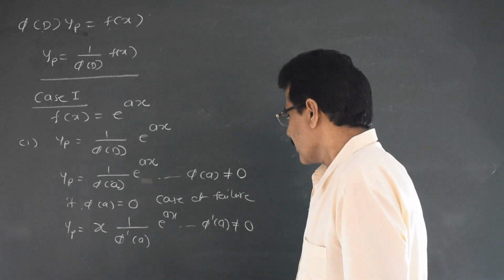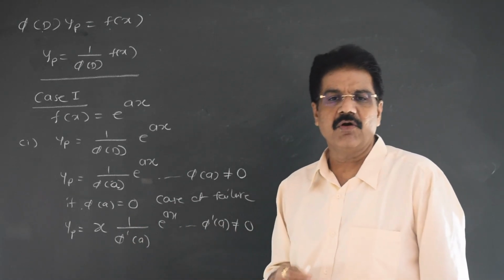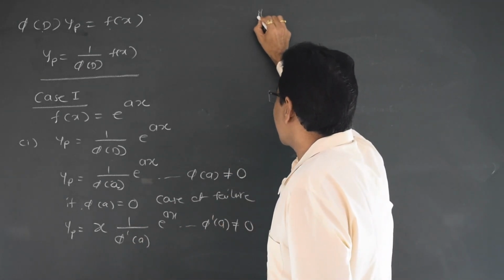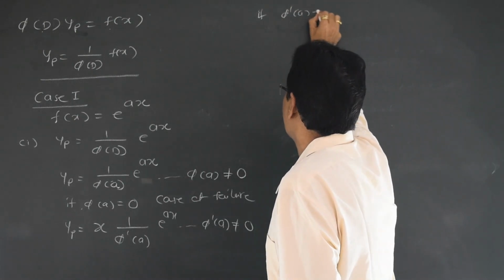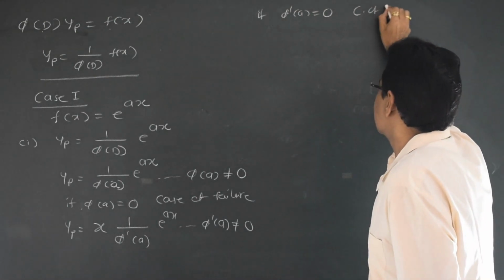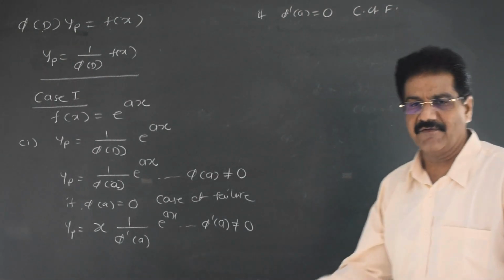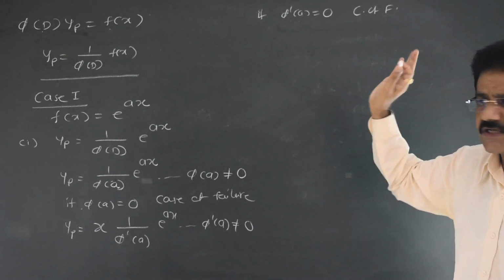Now further, if phi dash of a is equal to 0, this is also called a case of failure. In short, I have written C of f, meaning case of failure.